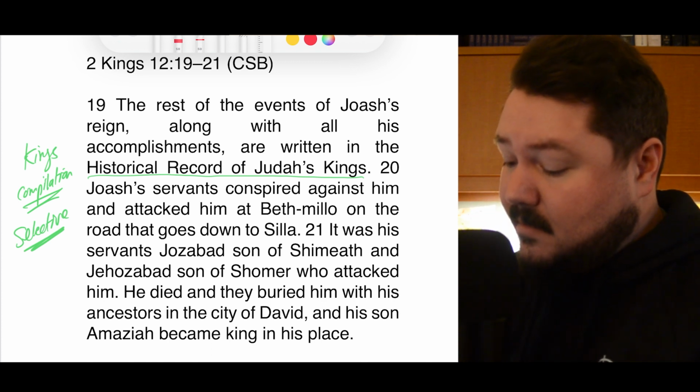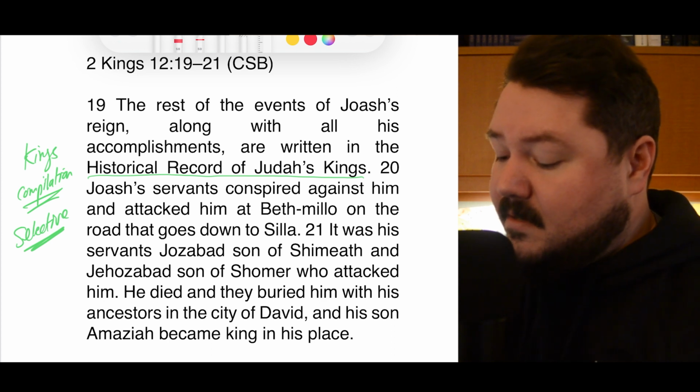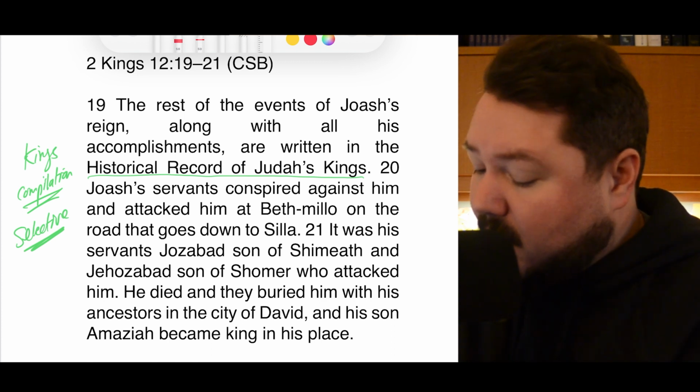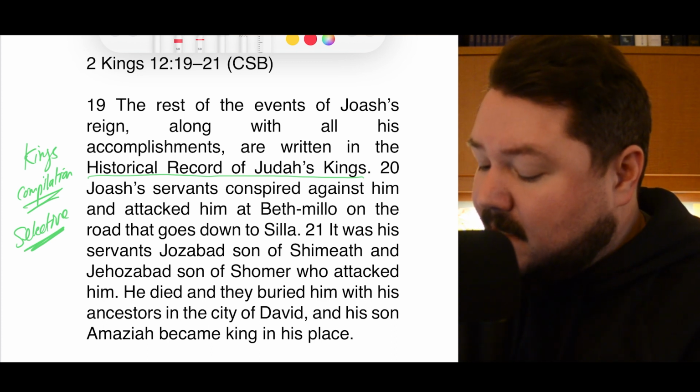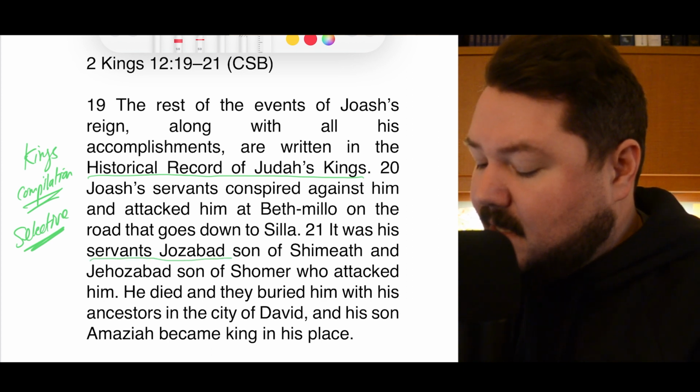But here we see that the thing that they do include is that Joash's servants conspired against him and attacked him at Beth Millo on the road that goes down to Silla. It was his servants Jozabad, son of Shimeath, and Jehozabad, son of Shomer, who attacked him.